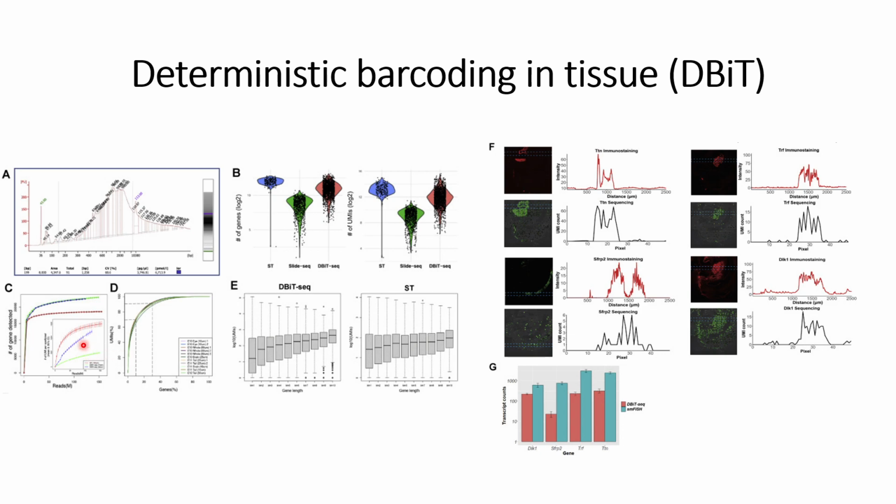And within DBiT-seq also, when we change the microfluidic width, the number of unique molecular identifiers increases. That can be seen here, and this can be because the pixel size increases, and now they get more area to cover and detect genes and unique molecular identifiers.